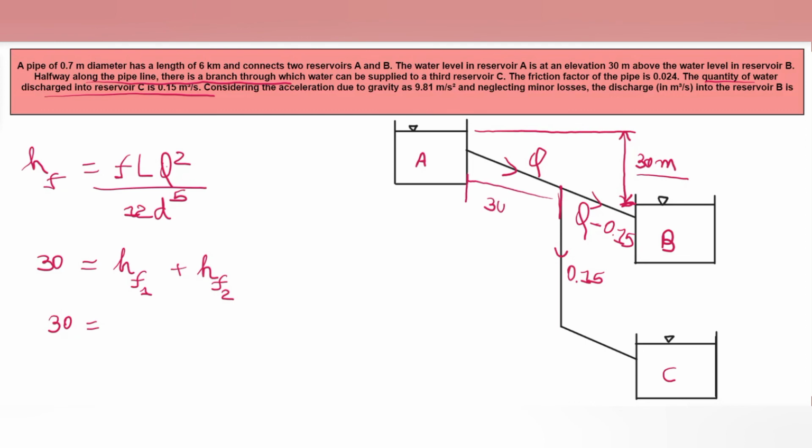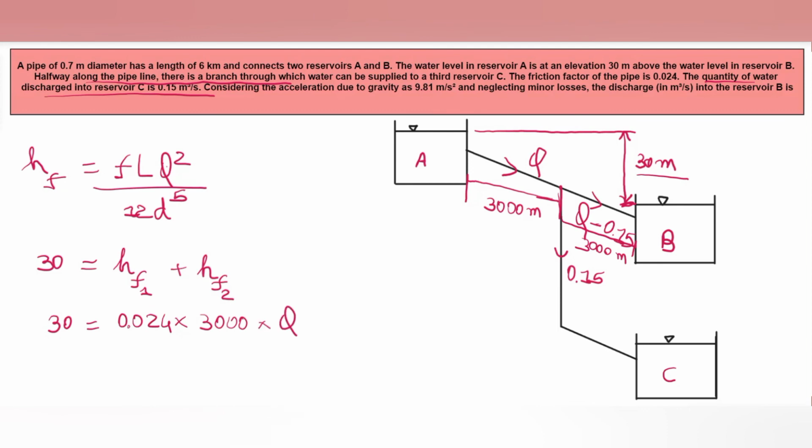Then this length is 3000 meter and this length will be 3000 meter, because the total length given to us is 6 kilometer and we have a branch halfway. Therefore it will be 3000 meter and 3000 meter.